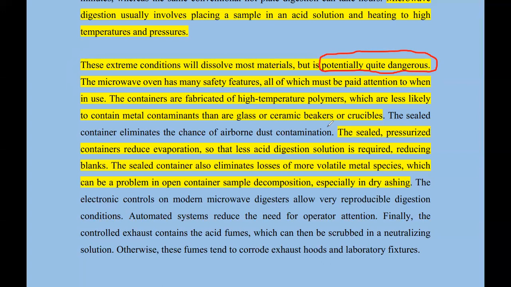The containers are fabricated of high temperature polymers. So it's important that for as long as the heat is involved, you make sure that the walls of this microwave acid digestion machine are resistant to high temperature, even resistant to acid corrosion.